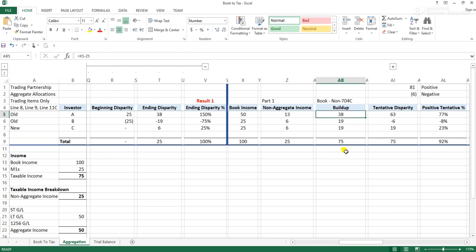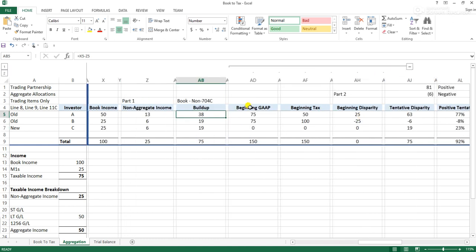Once we do that, we get our build-up, which is our book income minus our non-aggregate income, or our book minus our non-704C. What then happens is we take that and add it to our beginning disparity. So in this case, this year the investor needs $38 of gain. Previously he needed $25 of gain. So in total, he needs $63.